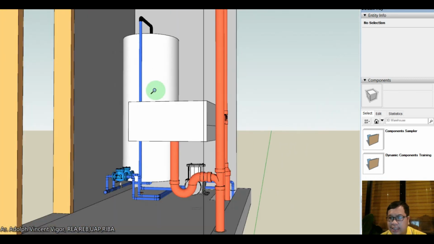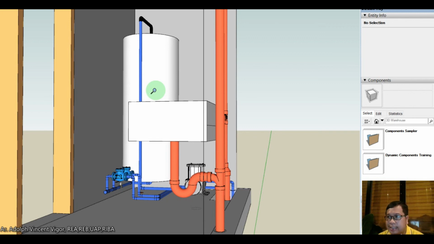Okay, so I think we have covered most of the important stuff in plumbing except for the detailed computations, which I think you'll be having a hard time understanding since we are not in a face-to-face setup.